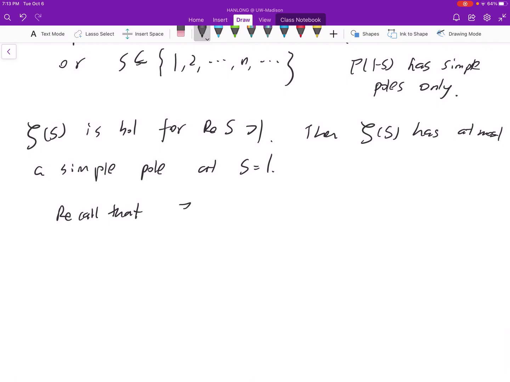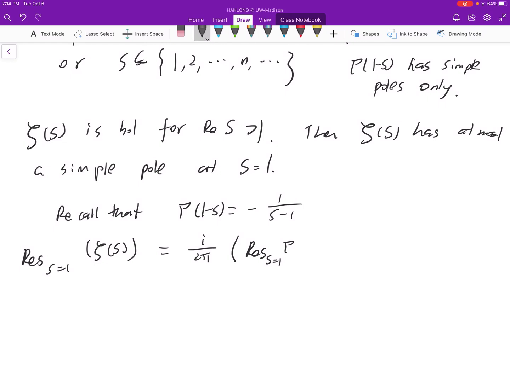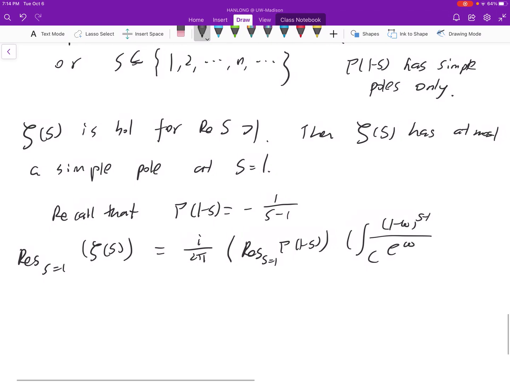we have the expansion gamma 1 minus s is minus 1 over s minus 1. Therefore, the residue of zeta s at point 1 is i over 2 pi times the residue at s equals 1 of gamma 1 minus s times the integral of (minus omega) to the s minus 1 over e to the omega minus 1 d omega, at s equals 1.